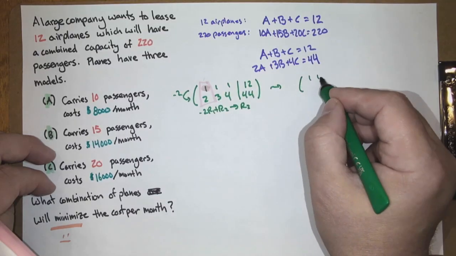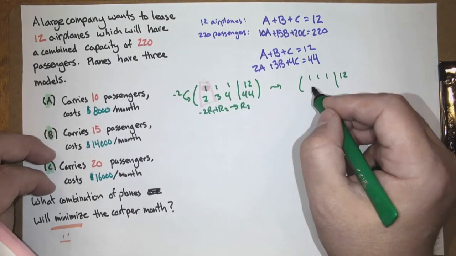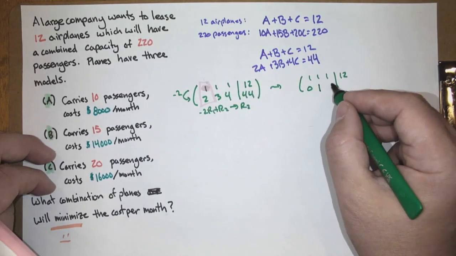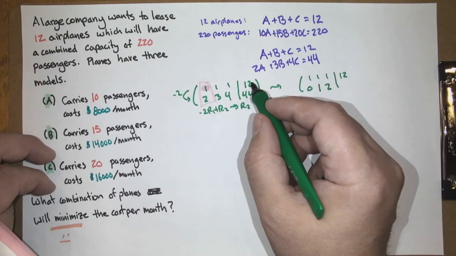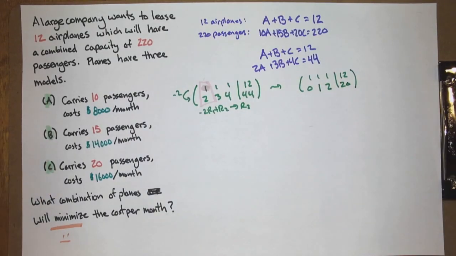So we get 1, 1, 1, 12, and then -2 plus 2 is 0, -2 plus 3, 1, -2 plus 4, 2, -24 plus 44, 20. You say, great, that was a great first column. But we're not done. We have more columns yet to work on.